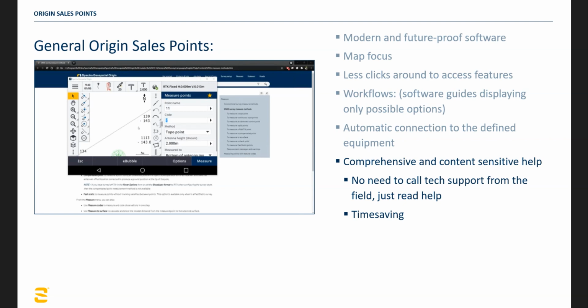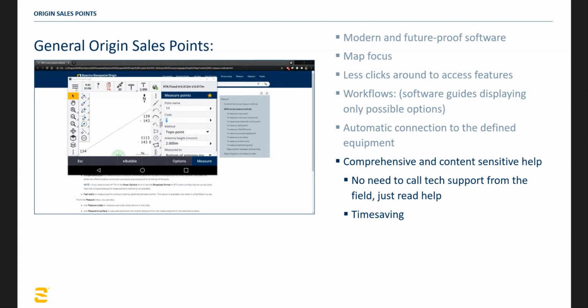So that's a nice tool where, when you are in the field, you can just access help and read what's inside. So I consider it a time-saving option. There will probably be a limited number of technical support calls. So let's have a look here at the video.